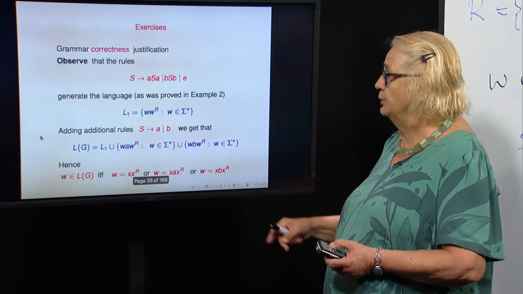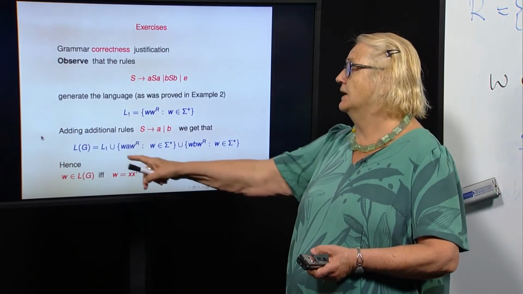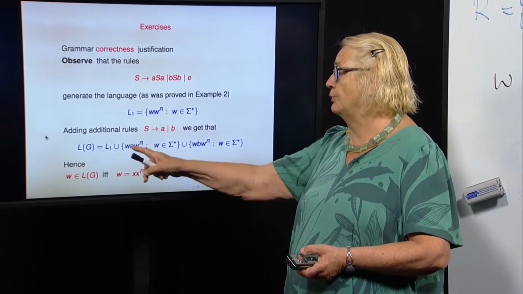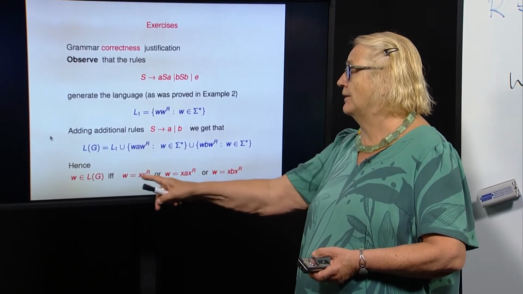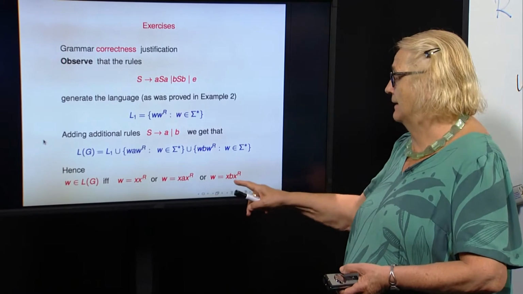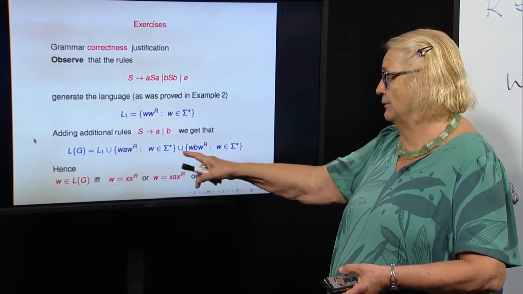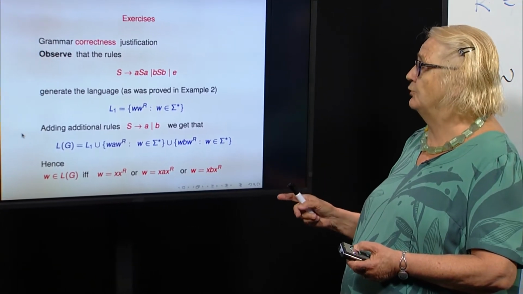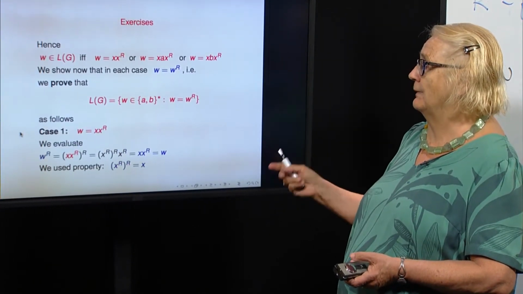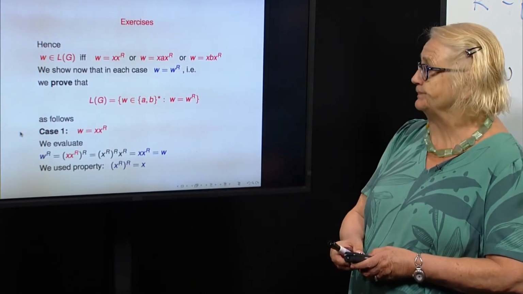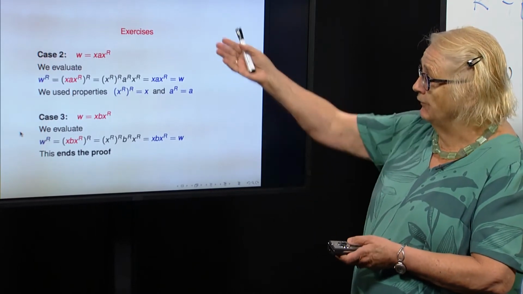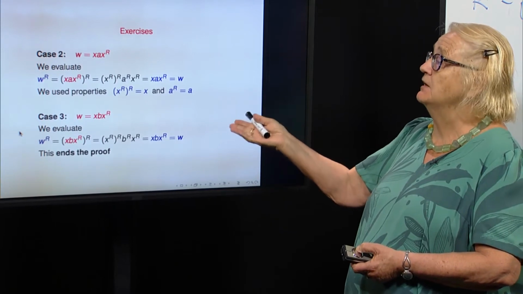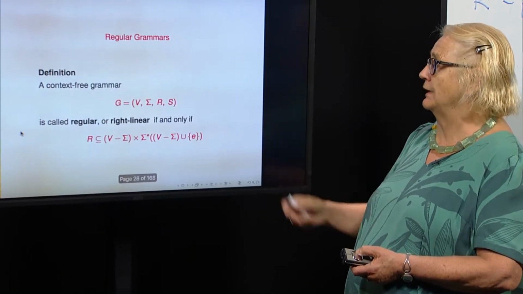But now if you put those A's and B's inside, so you have WW reverse, and you put A, or you put B, the whole language at the end would be W equal W reverse, and here's the proof. And with all the cases, this is a formal proof that that language is W equal W reverse.